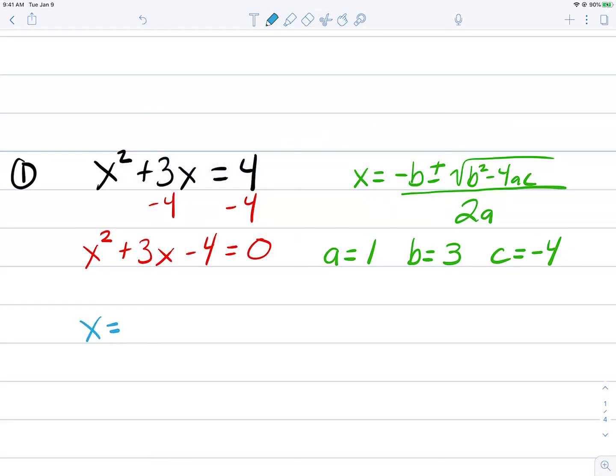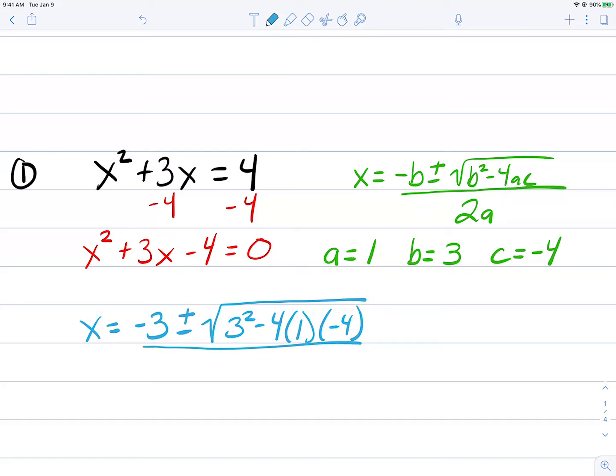Okay, x equals, my first thing is negative b, so that's going to be a negative 3 plus or minus the square root of, so I'm going to make a big old square root sign, b squared, so that's going to be 3 squared, minus 4 times a, which is 1, times c, which is negative 4, all over 2a. Oop, a is 1. I forgot to replace it.